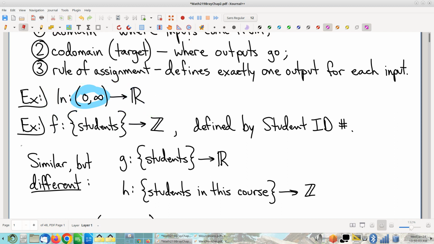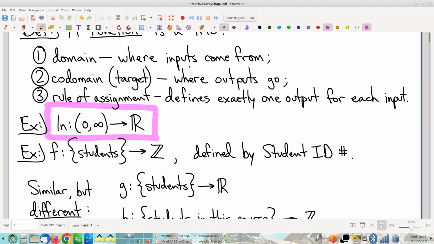Okay, now here's another one. Oh, I should say before I go on, this example shows a notation that I think is extremely useful. It's very convenient. It's everywhere in math above a certain level. It's very standard, so I think you should know it. And that is that what goes here is the domain.